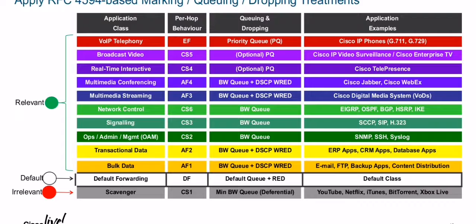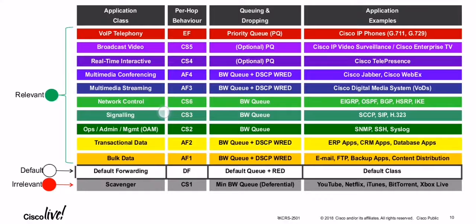And then we have network control, signaling, and administration and management type of traffic. So EIGRP, OSPF, BGP, HSRP, H.323, SNMP, Simple Network Management Protocol, SSH, and syslog, all of them in green color in the middle.